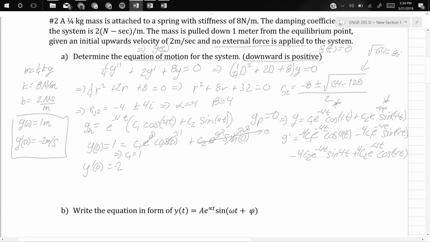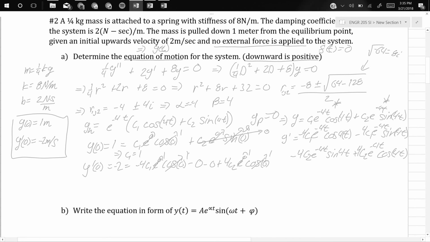So now I want to use this equation and replace every t with 0 and equate it to negative 2. So we have negative 4 c1 e to the 0 goes to 1, cosine of 0, minus next term has a sine, so that equals 0. And the next term has a sine, so that's going to go to 0. And our last term has a cosine, so plus 4 c2 e to the 0 goes to 1, cosine of 0 goes to 1.